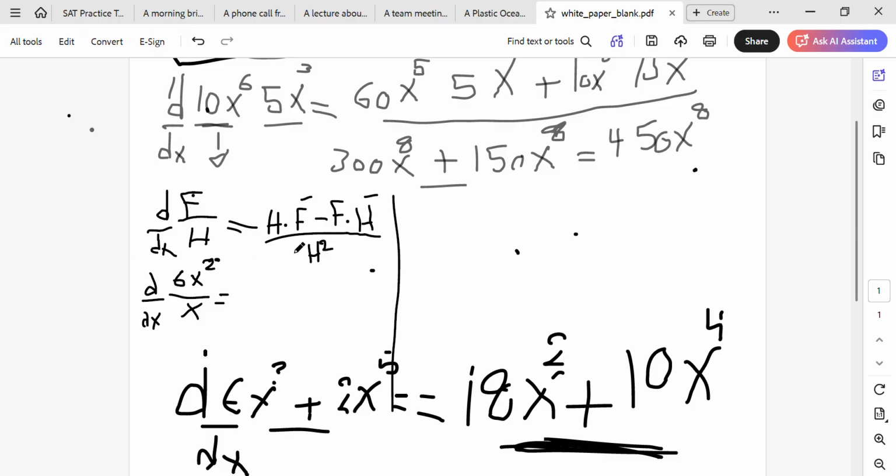Step by step, we write the variable on the bottom, which is x, times the derivative of the top. The derivative of 6x squared is 12x, the first part, minus f, 6x squared, times the derivative of h. Here h is x, so its derivative is 1, so times 1. All should be divided by x squared.